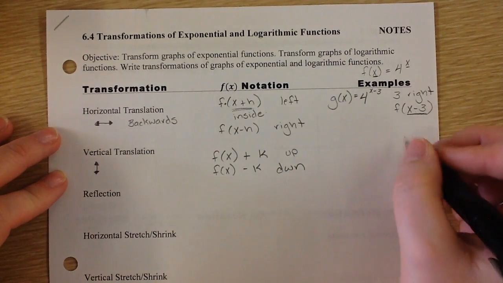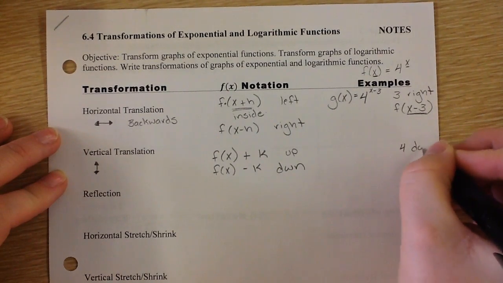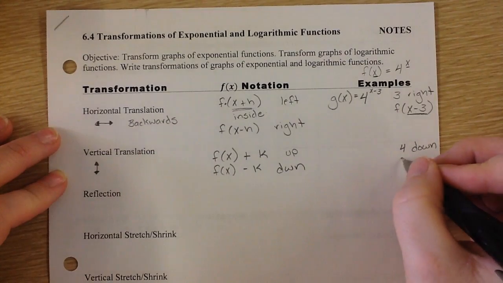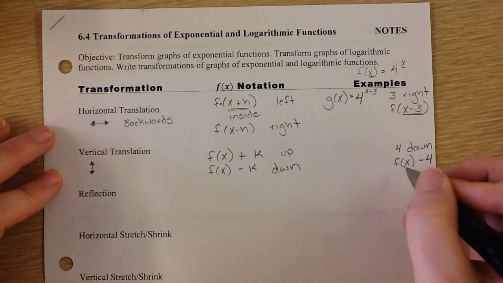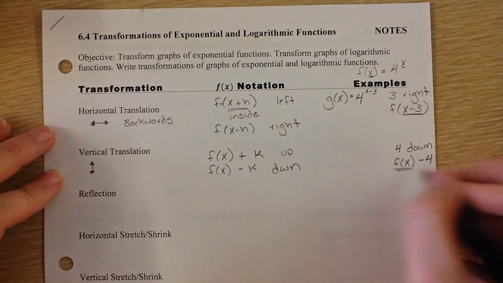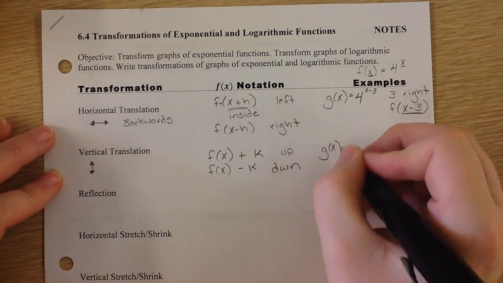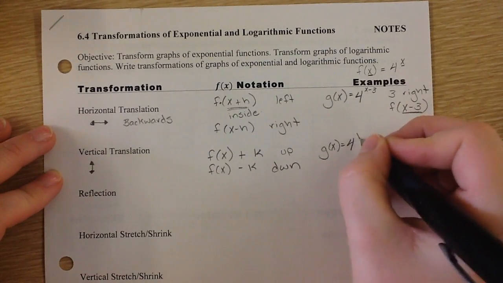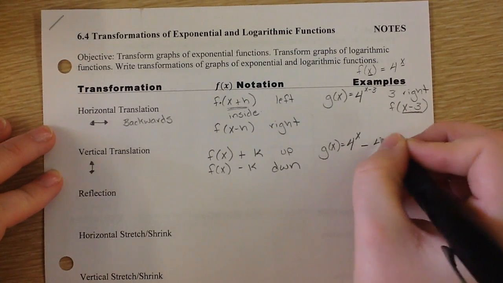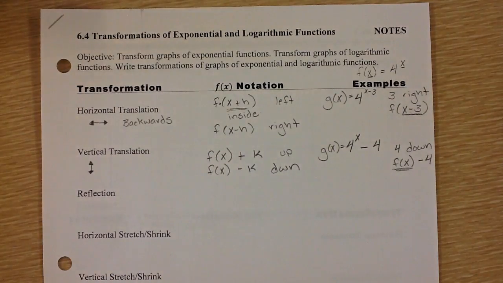So if I want to move something 4 units down, I would need to take my f of x, which was 4 to the x, and subtract 4 off the end. There is my translating 4 units down.